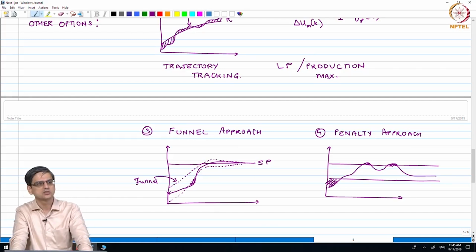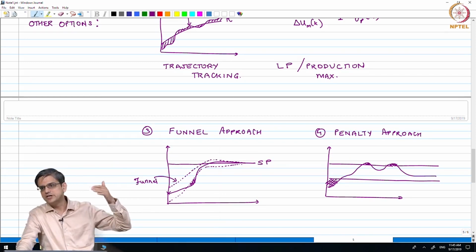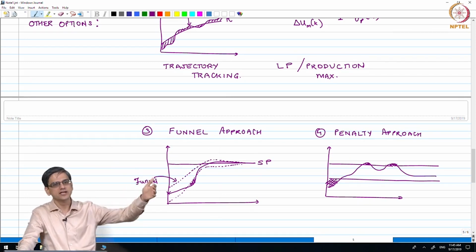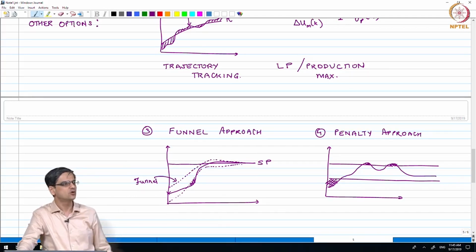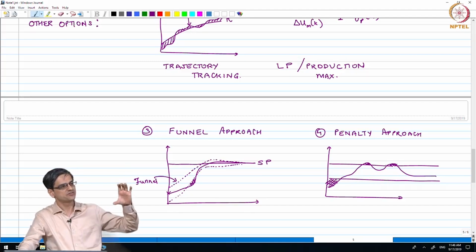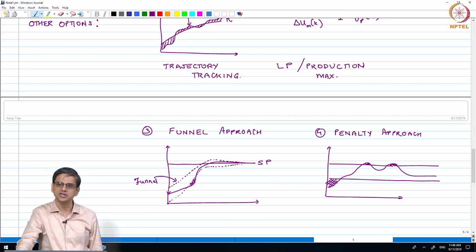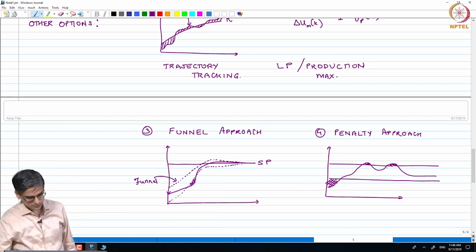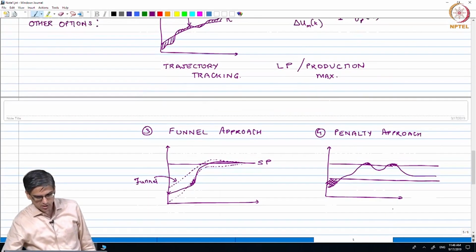Why? Because you required productivity in a certain range, say 90 to 110. As long as it is between 90 and 110, that is fine. You do not have one set point, but a band of set point, and once you go outside of that band, only then you get penalized. So, that is about the objective function.